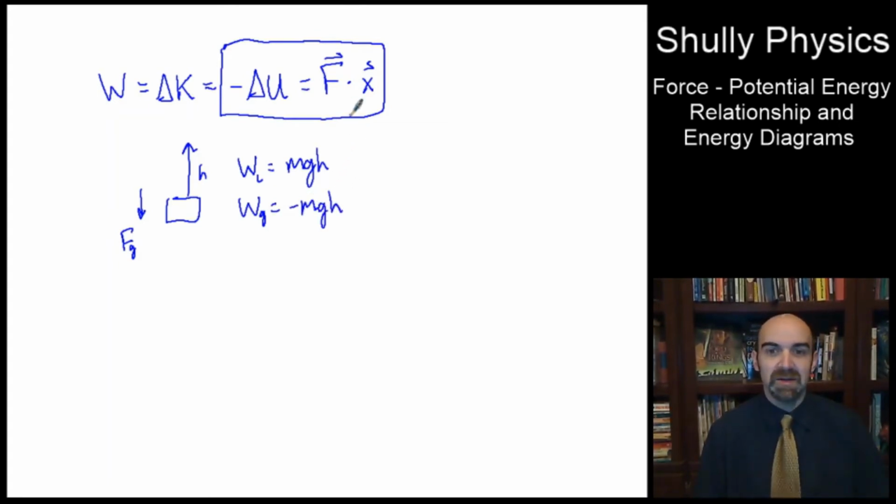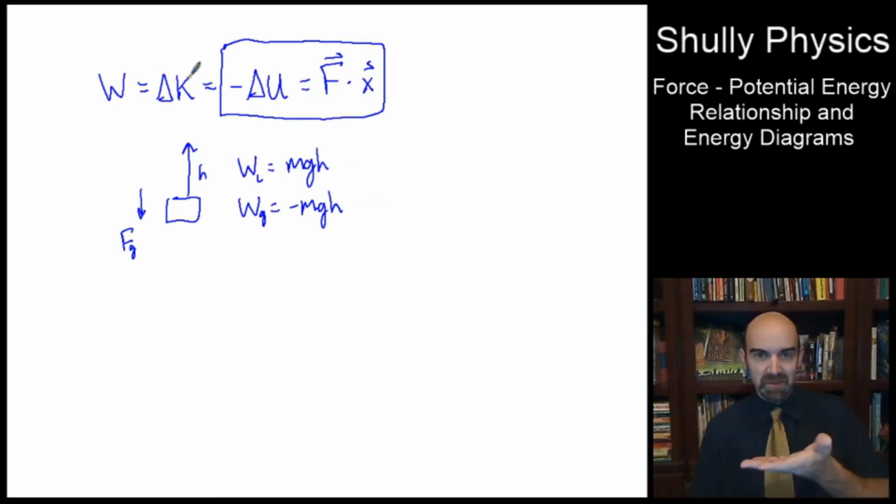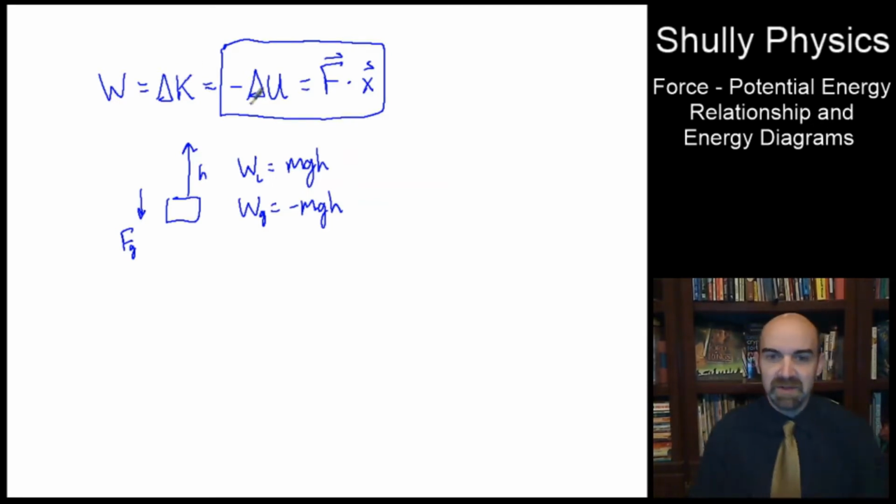So that's how we get a change in kinetic energy of 0 when you go from the bottom of the lift to the top of the lift. The positive work done by the lifting force and the negative work done by gravity equals 0. So you'll notice that whatever work you do, there's a negative change in potential energy that comes out of it.